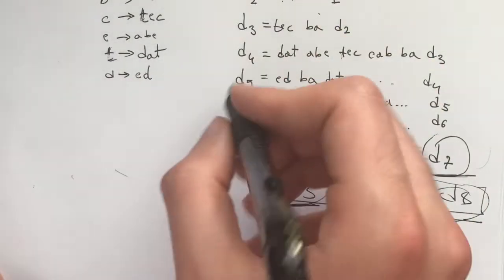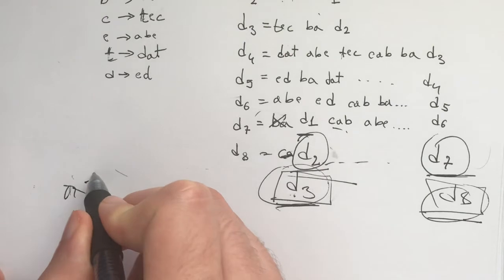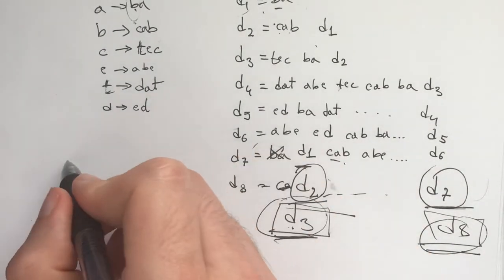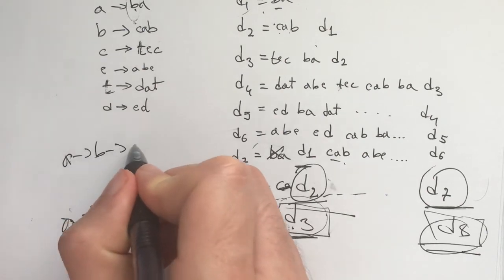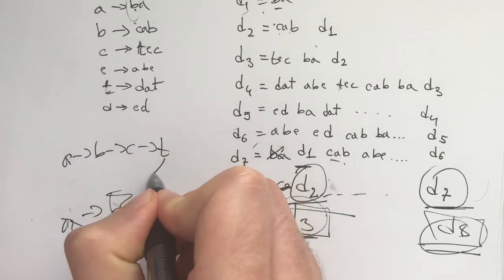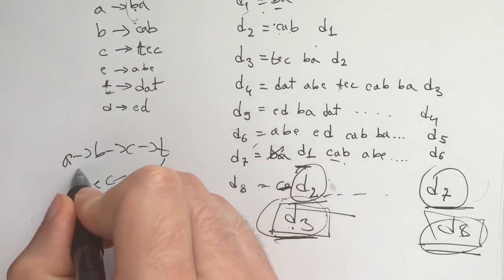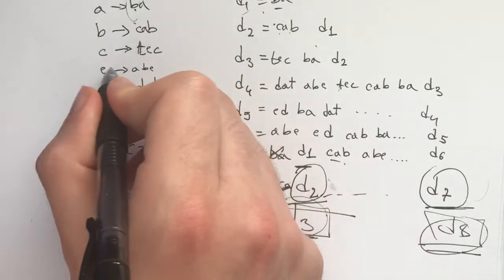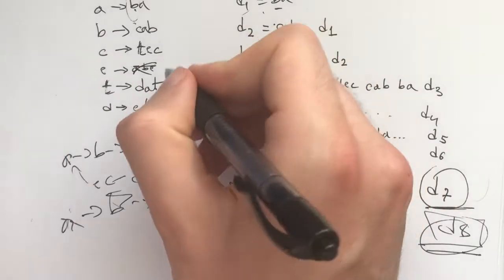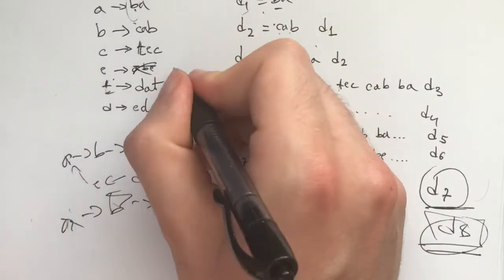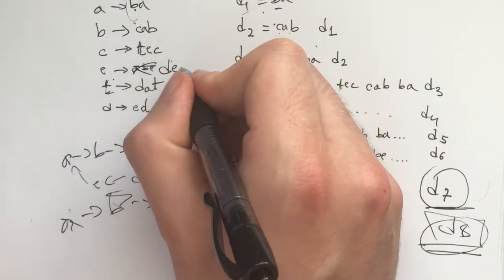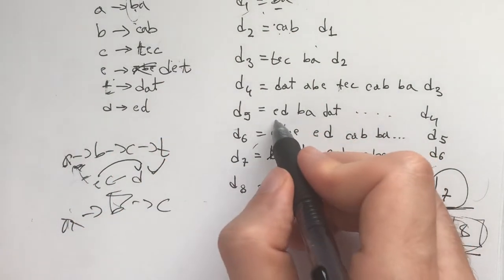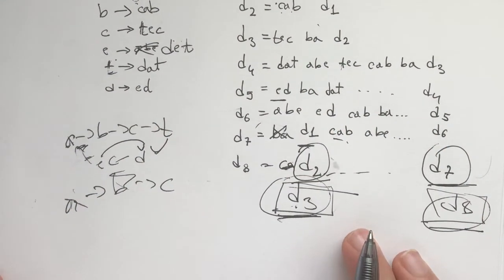Now, when trying to do this, what I tried was to get A to repeat itself. Here we went from A to B to C to T to D to E and back to A. But say if E didn't go to A, if instead E went to something else, say D, then we would have gone from E back to D. And now this would have looked a bit differently, right?